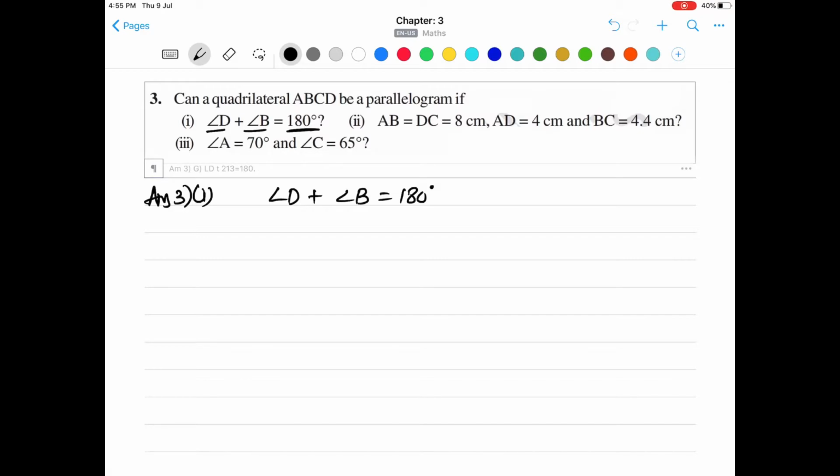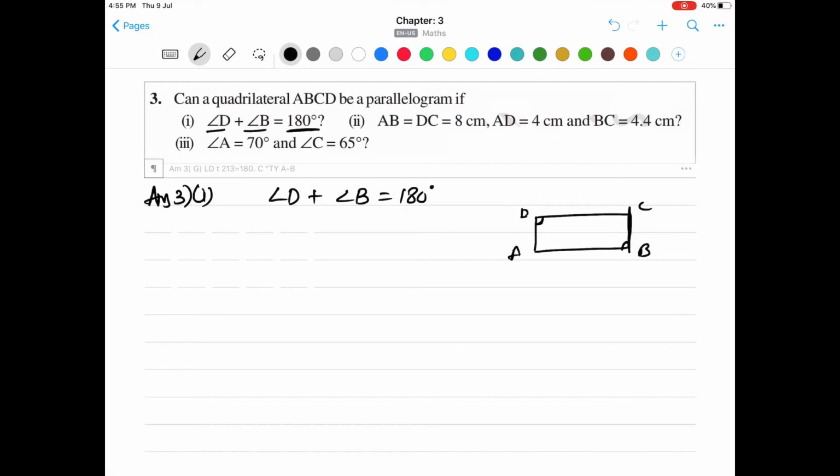Suppose we have a parallelogram like this. Let's name it A, B, C and D. It is given that the sum of these two angles is 180 degrees.